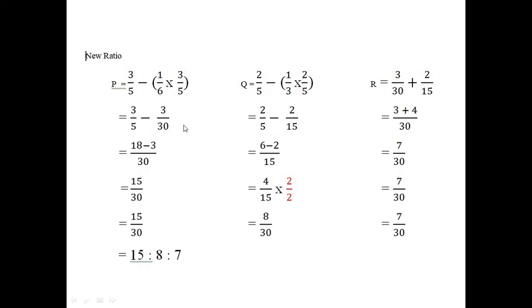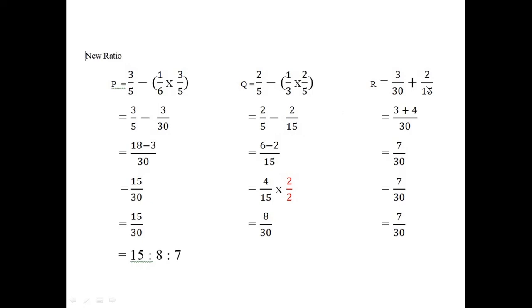This will be taken by R because on what share R is coming in the business is not mentioned here. So you have to understand from the question, whenever you see this type of question, you have to do it this way. P will surrender 1/6 of his share, that is 3/30, and this will be given to R. And again Q will surrender 1/3 of his share, that is 2/15.